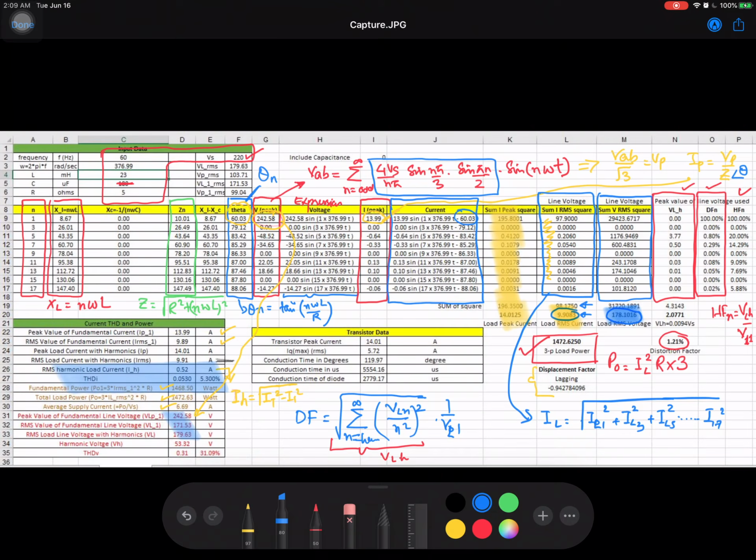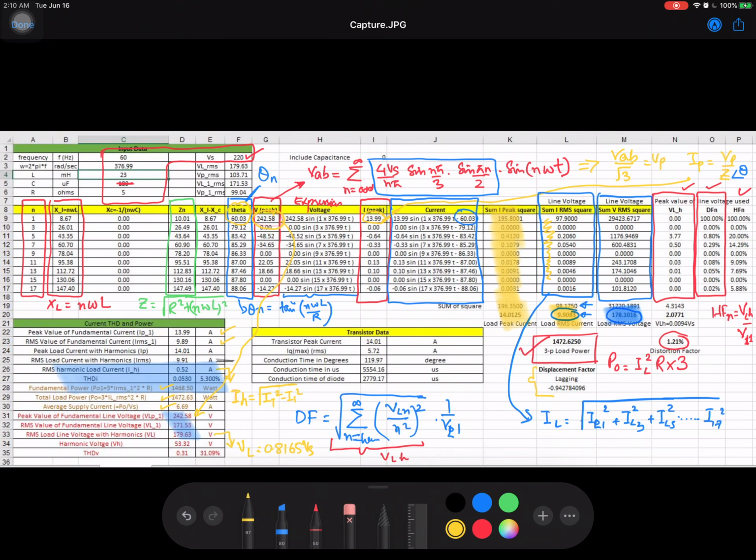If you calculate the total RMS value using the basic expression that we have already derived, that V line is equal to 0.8165 into Vs, so you will get 179.63 because it is accommodating all the harmonics.